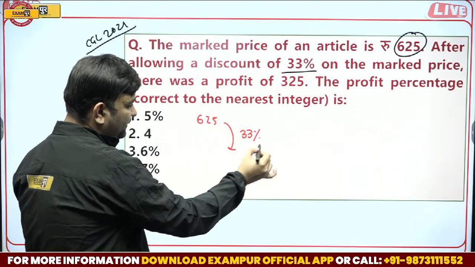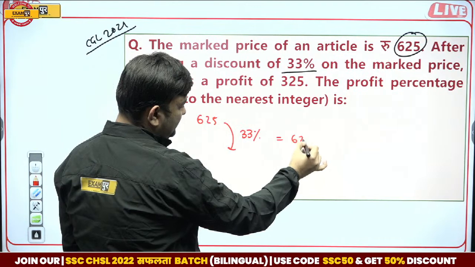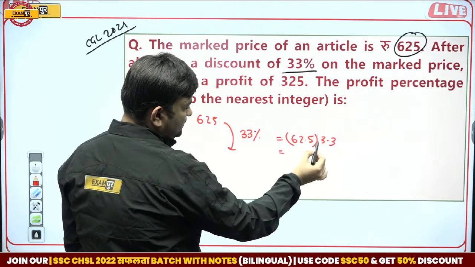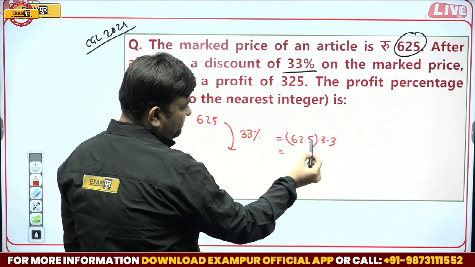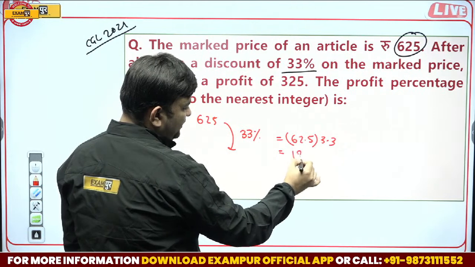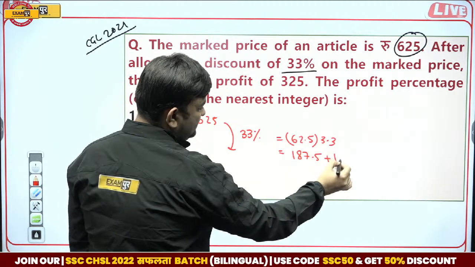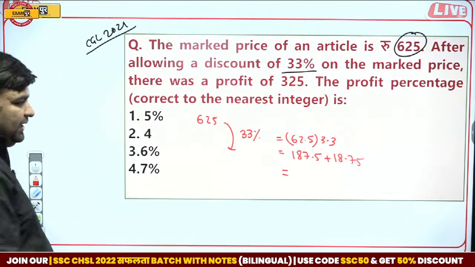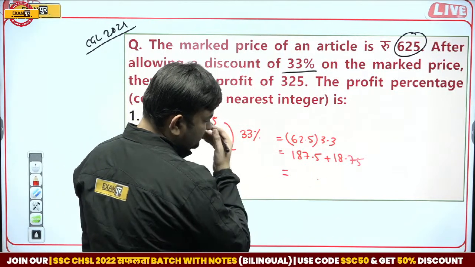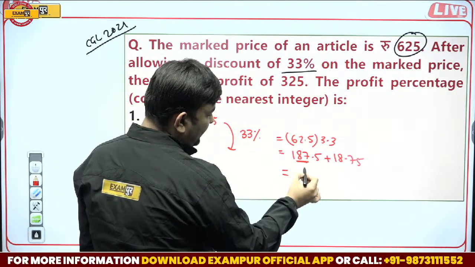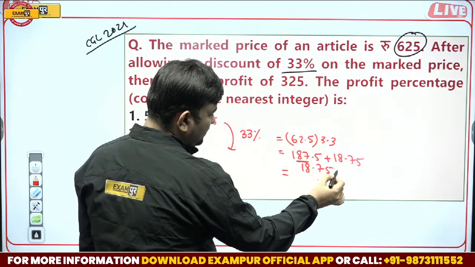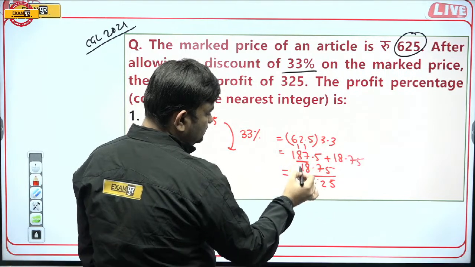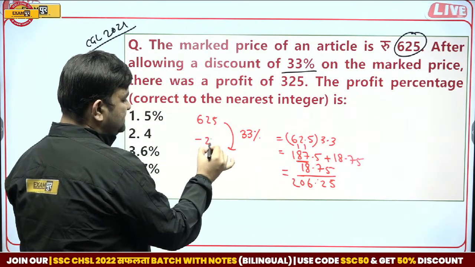So 10% is 62.5, so 33% is 62.5 into 3.3. 187.5 plus 18.75. 187 plus 18 plus 0.75. 206.25 is the discount.